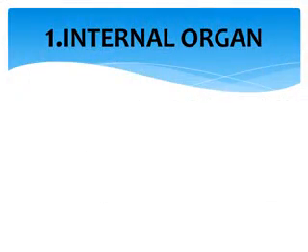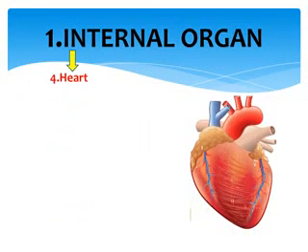The next organ we are going to see is the heart. What is the heart used for? The heart is called a pumping organ. Why? Because it gives blood to all the parts of the body.